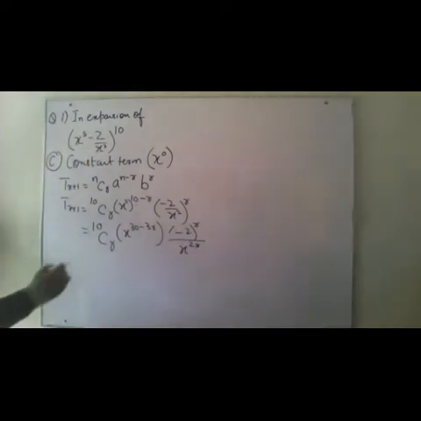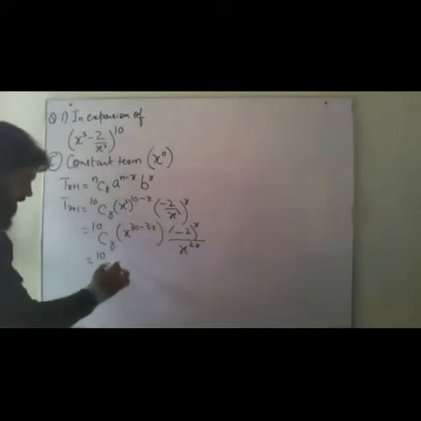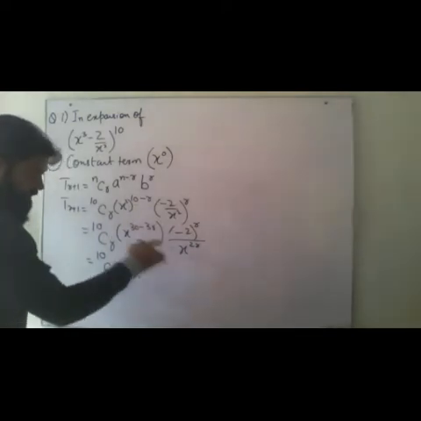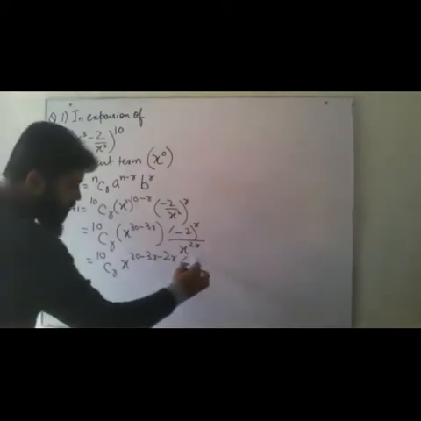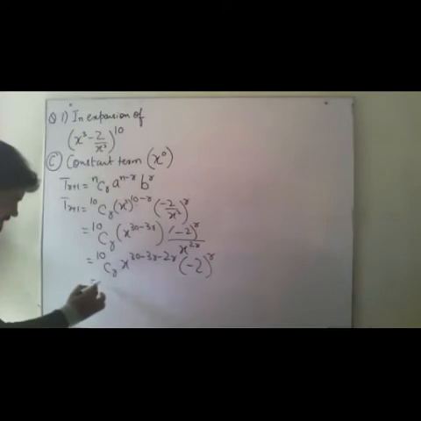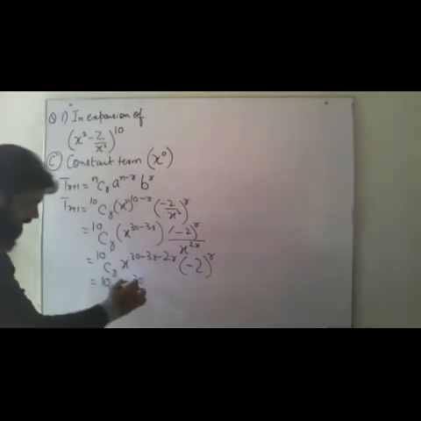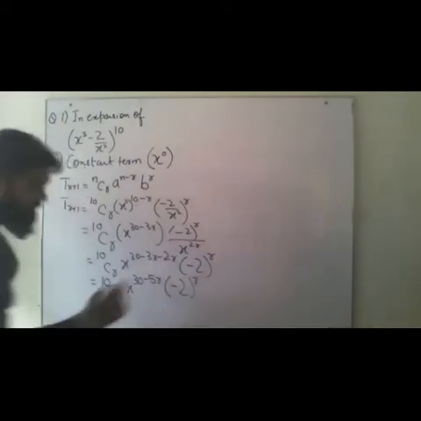Right? Simplifying it further, 10Cr will remain as it is. This will become x^(30 minus 3r). Same bases being divided, power will be subtracted, minus 2r, and (minus 2) to the power r. Okay, so when I simplify it further, 10Cr x^(30 minus 5r) over (minus 2) whole power r.